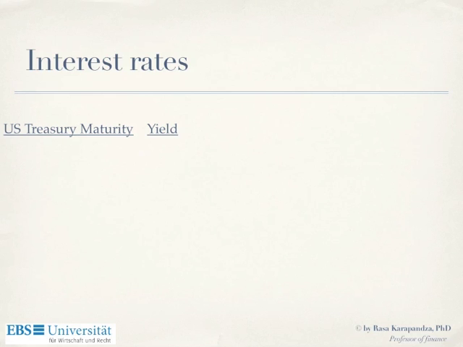So in reality, if you observe markets of bonds, we will see that if we invest, for example, in a 1 month bond, a bond that matures in 1 month from now, it will offer you a yield or a return of 1% per year. If you invest in a 3-month bond, you will get 1.5% per year.